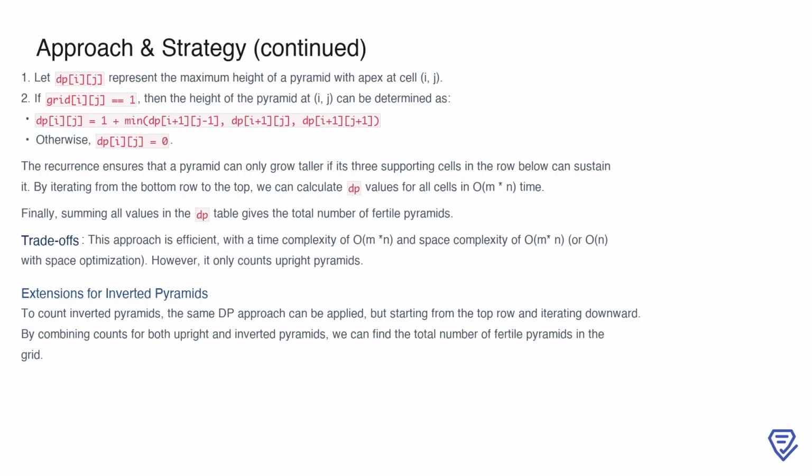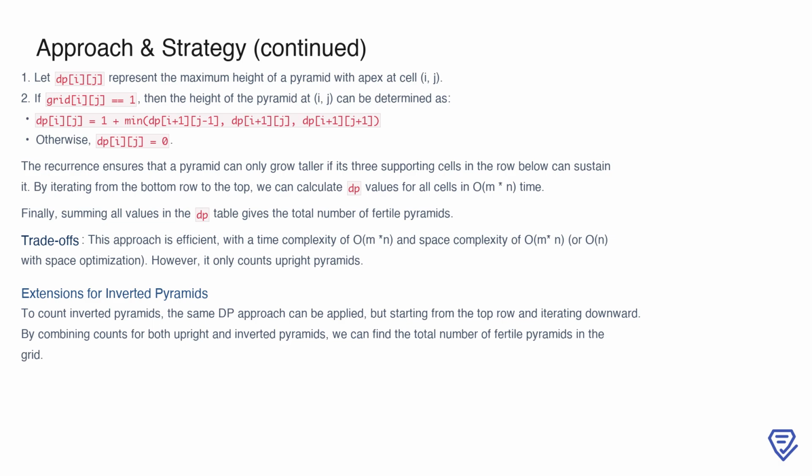In the optimized dynamic programming approach, the key insight is that the height of a pyramid at any given cell depends only on the row directly below it. This allows us to avoid redundant checks and achieve better efficiency. We define dp[i][j] as the maximum height of a pyramid with its apex at cell (i, j).